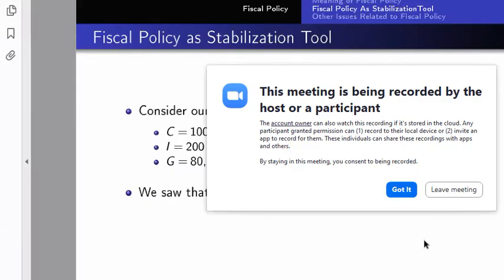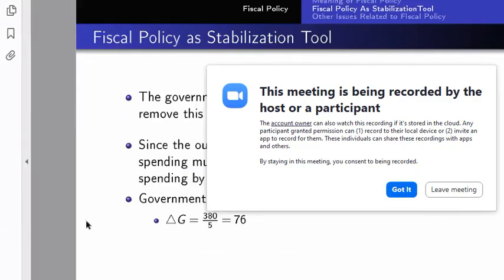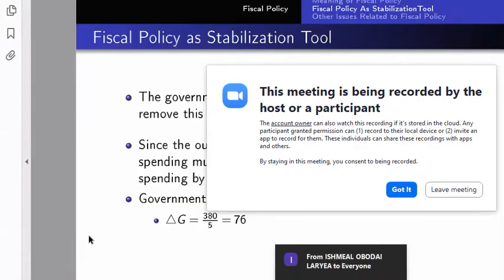So when you calculate it, you should get 76. It means that if we change government expenditure by 76, we'll be able to clear the output gap. I hope you understand now. It's not difficult at all.